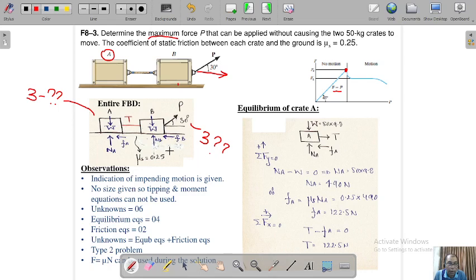These are 3 unknowns. As a whole, on this basically 250 kg crate system, how many equations of equilibrium do you have to solve this?